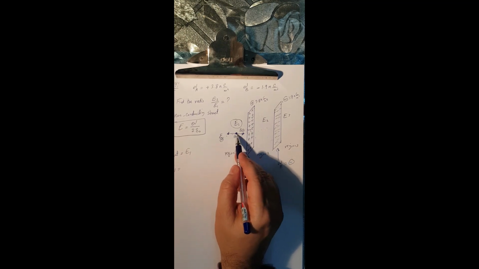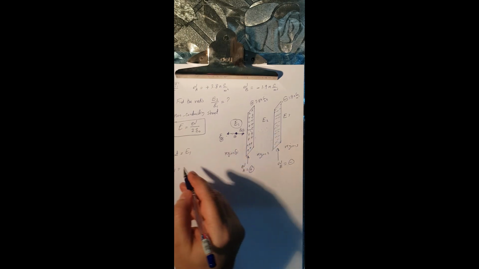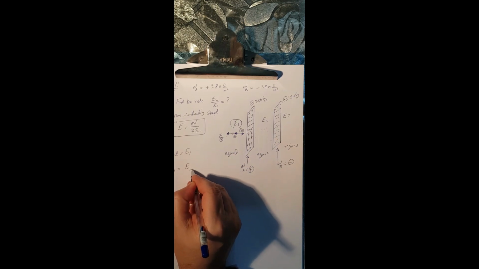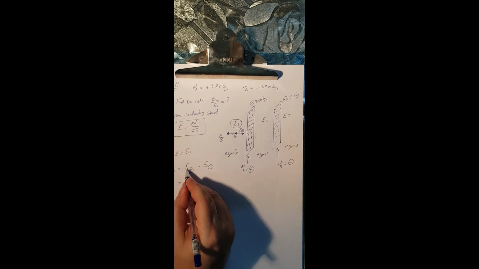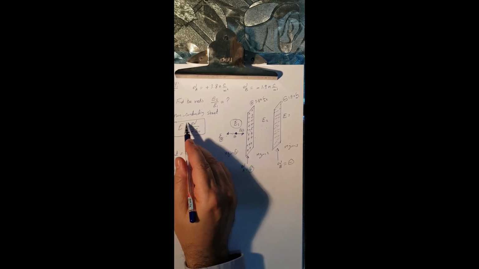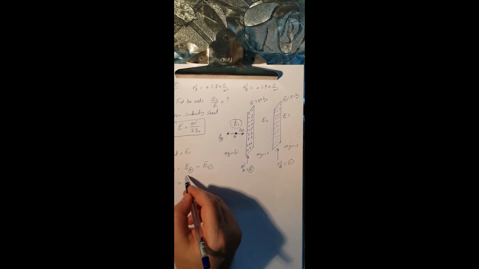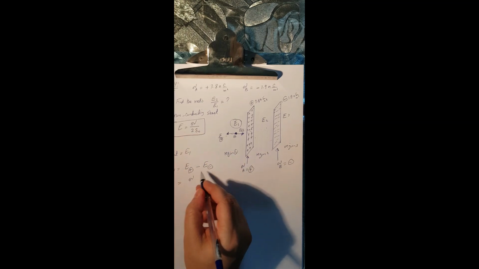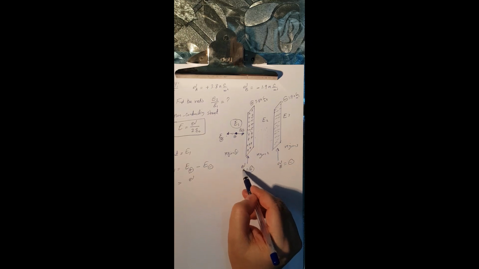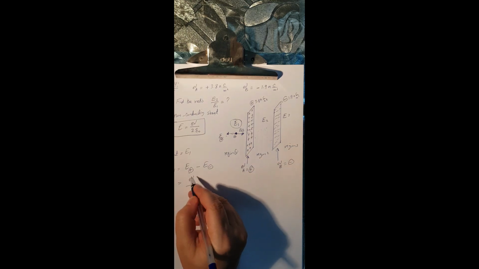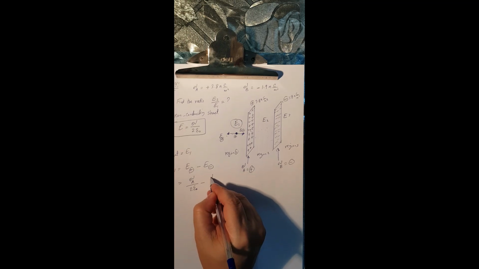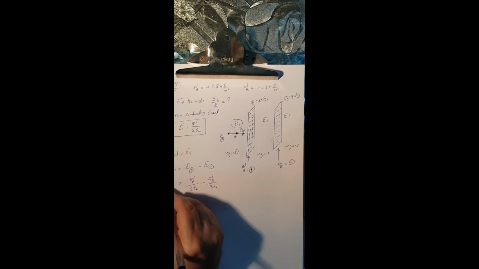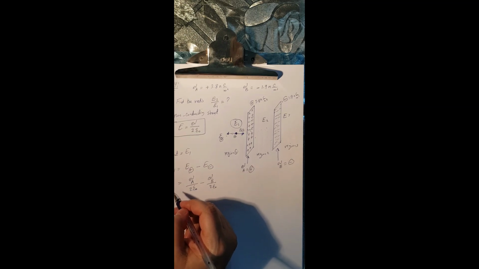The positive, because we're closer to the positive and far from the negative. So E positive minus E negative, and each depends on sigma and epsilon. For the positive, sigma A over 2 epsilon naught, minus for the negative, sigma B over 2 epsilon naught. This is the electric field in region 1.